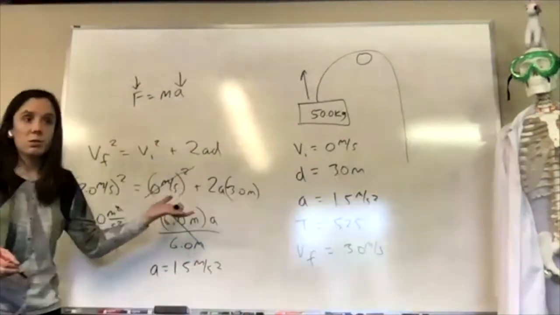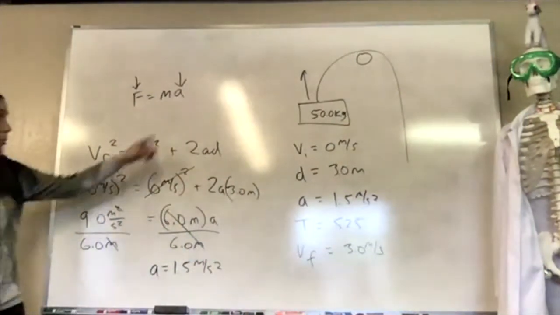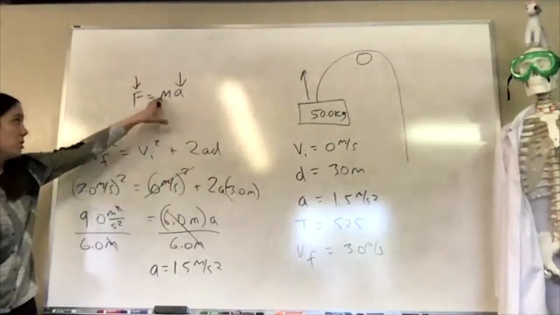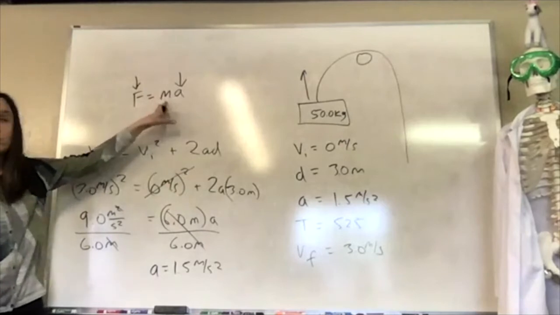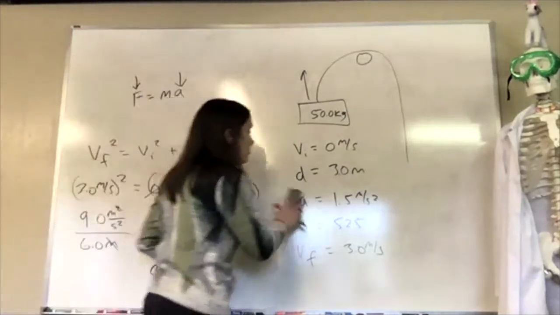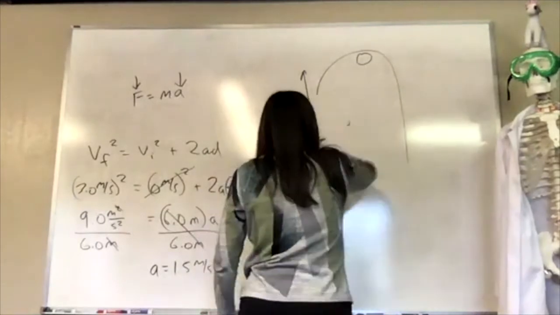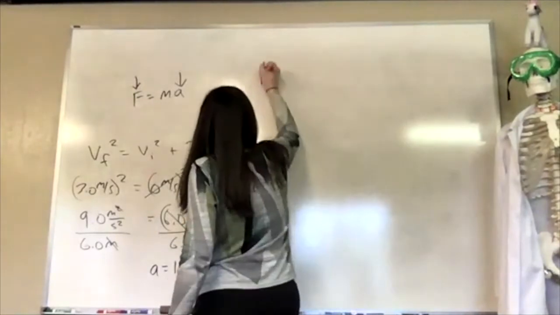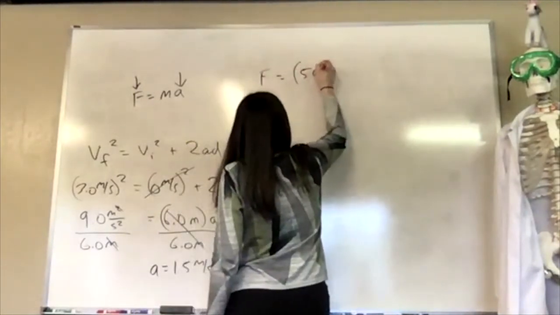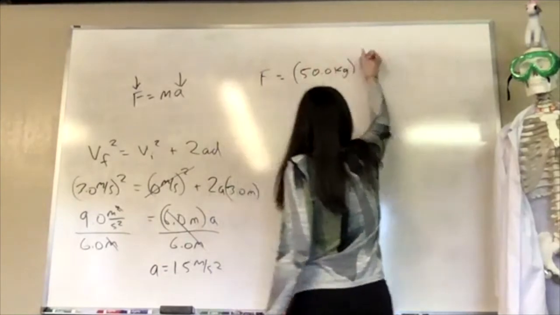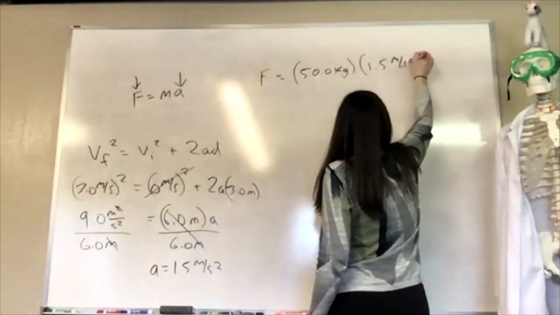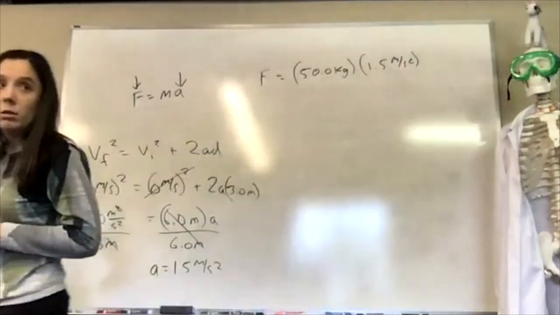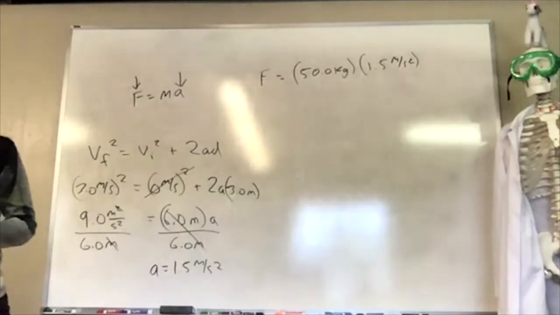What we really want to know is the force that the rope experiences, which now we can figure out. We know the mass is 50. We know acceleration is 1.5. We can multiply m times a to get the force. So 50 times 1.5, 75.